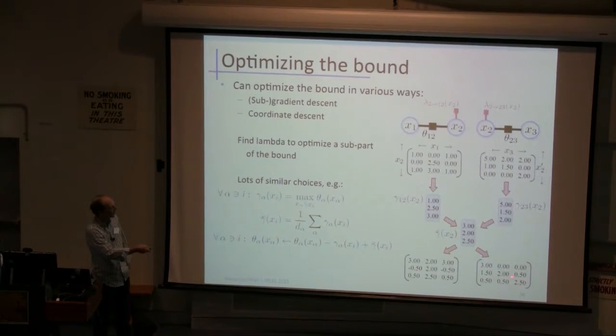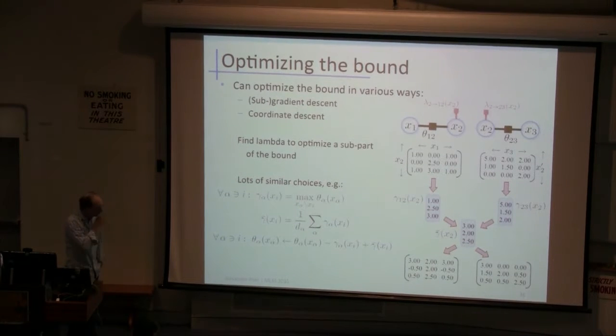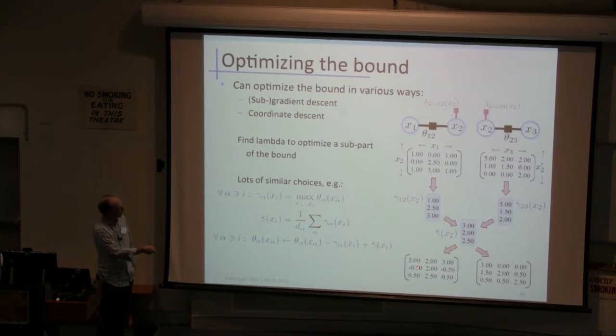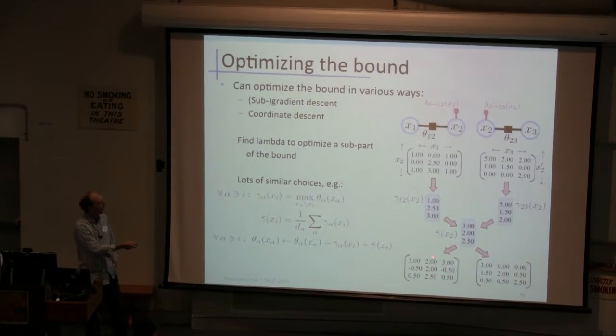Doing the same thing to the other factor gives me this. And so what I find is that now I have a reparameterization of my original two factors that enforces that they agree on what the maximizing values with respect to x2 are.